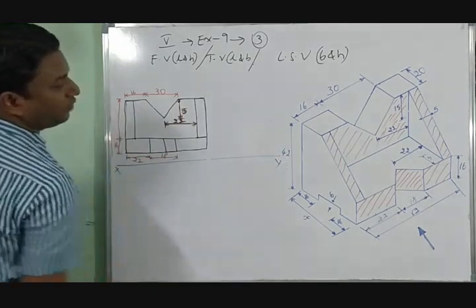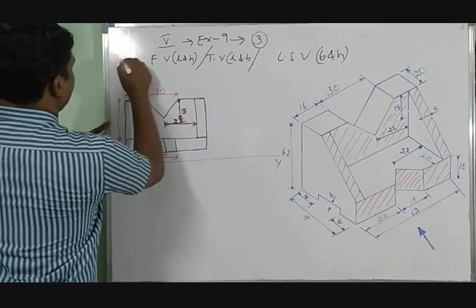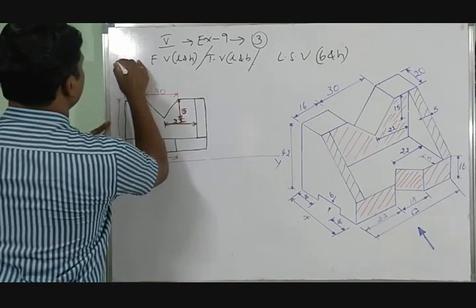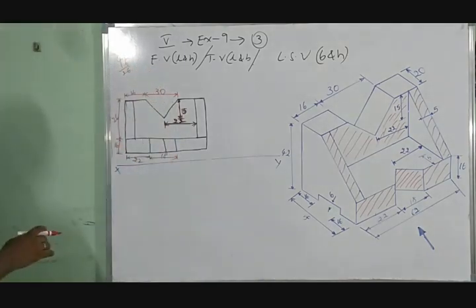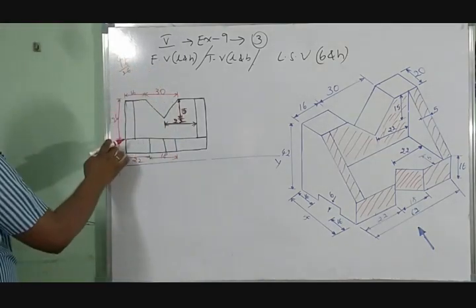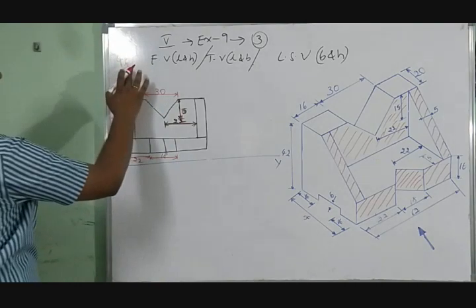Total height is 42. 42 minus 16, 26. 6, 6, 12. 12, 22, 32, 42.